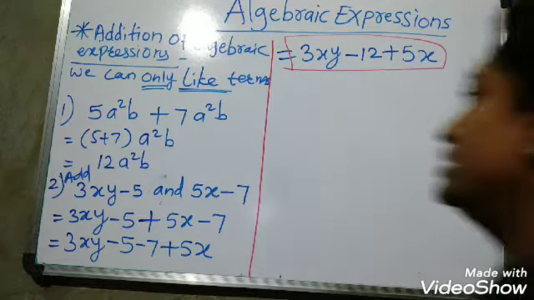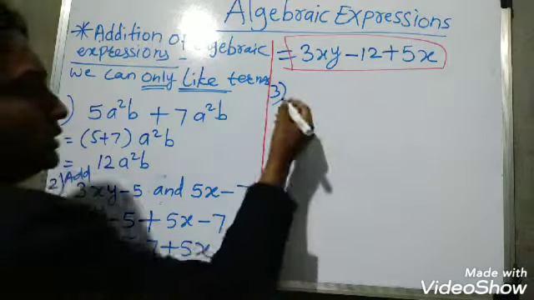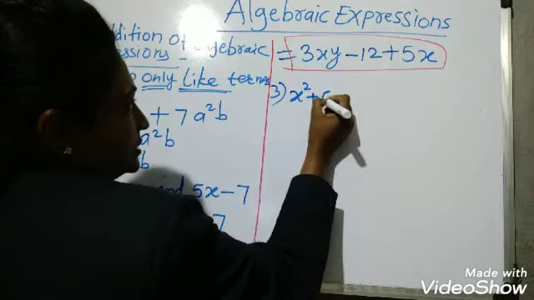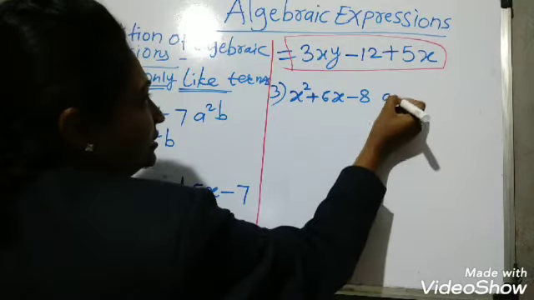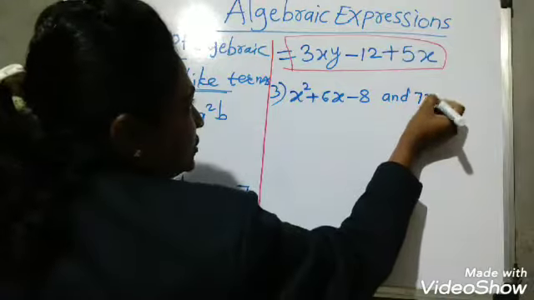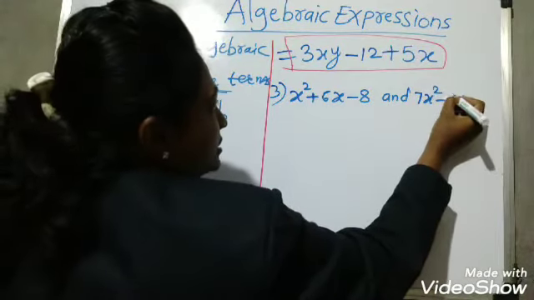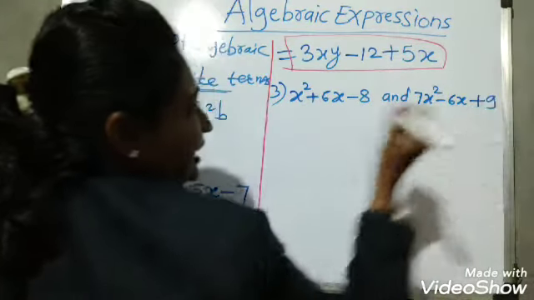Okay. Now we will see trinomials addition. Take x square plus 6x minus 8. And again we have to add 7x square minus 6x and plus 9, like this I will take.